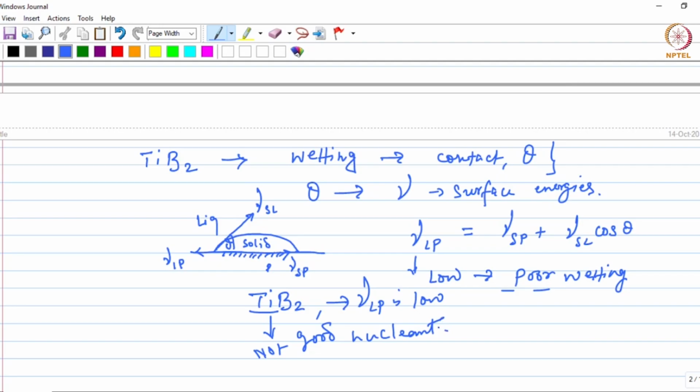And the other factor which goes against TiB2 in terms of its grain refinement efficiency is the fact that it does not have any plane which can provide a low disregistry with aluminium, or low mismatch with aluminium.